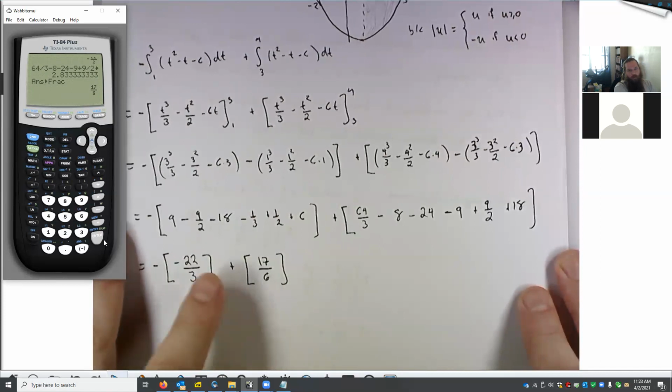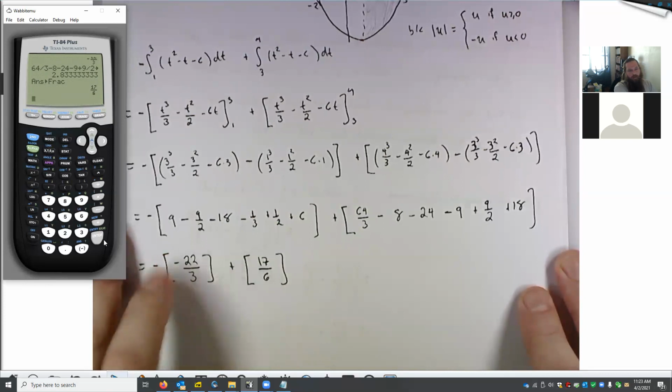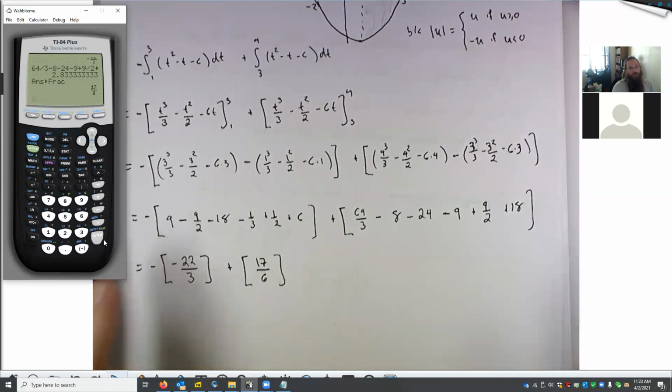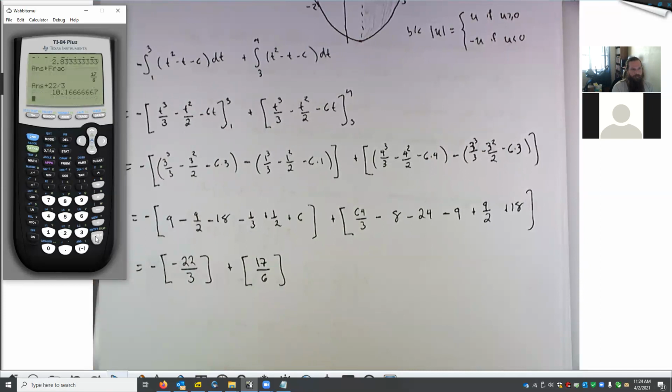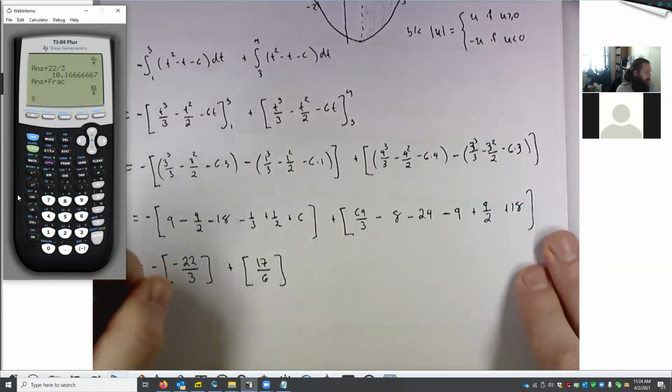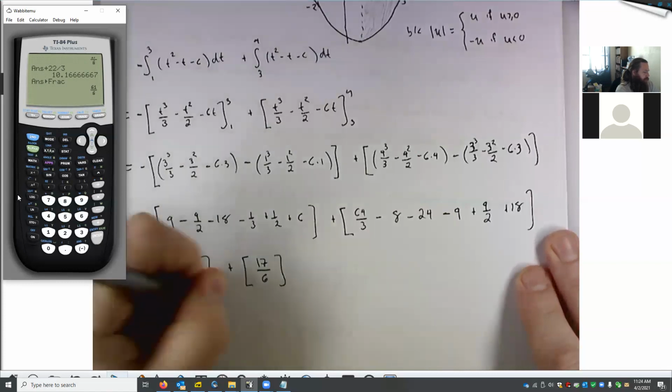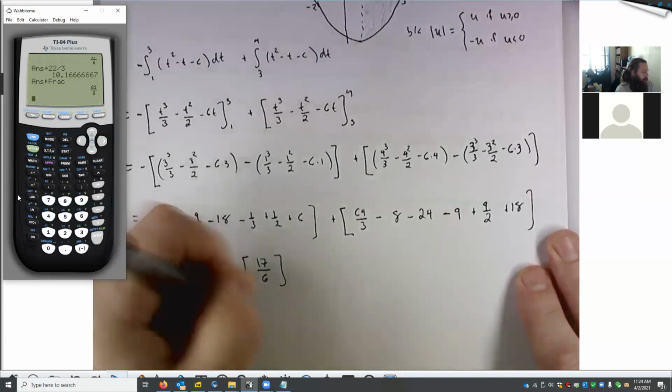But if I want to know the total distance traveled, that's this number made positive, and that's the purpose of the negative out front. So if you take 17/6 and add to it 22/3, you get about 10.16 or 61/6 meters.